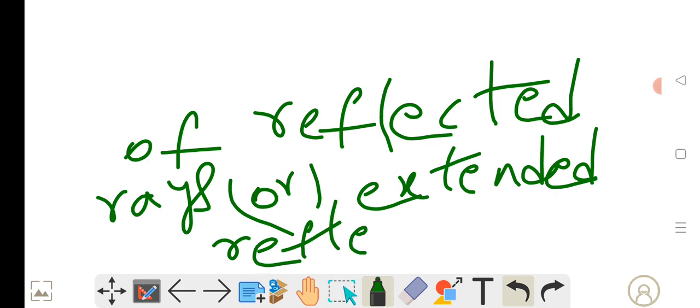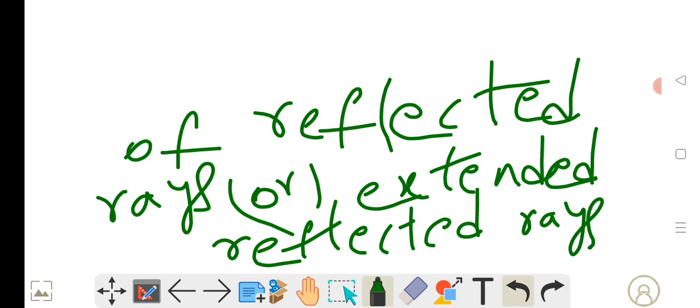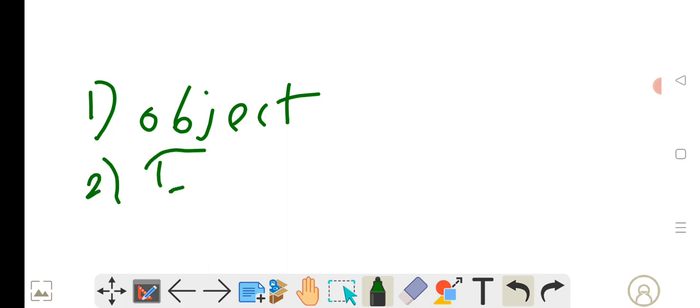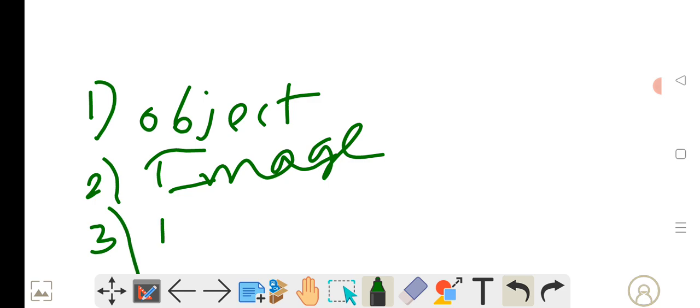That's why first, when you are learning the light chapter, you must and should learn the terminology. Important things are object, image, next incident rays, all the rays.